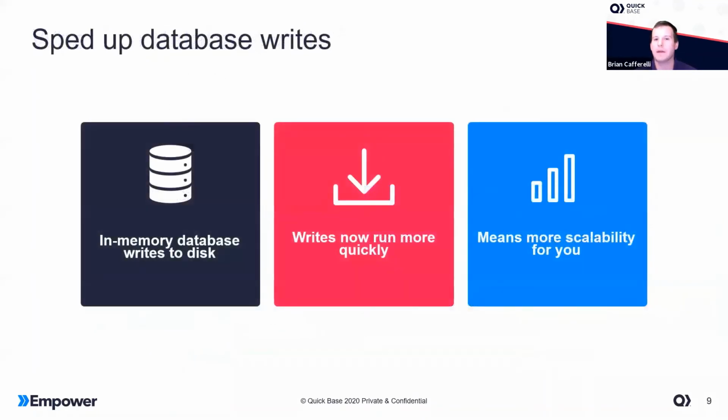Okay, so what happened? So we know that we have an in-memory database in QuickBase, and it writes to disk routinely throughout the day. We were able to really speed up that process. And one application we were looking at was this really big and complex app. It was running these large imports pretty frequently. And our logs showed that on average, those imports took about 40 seconds.